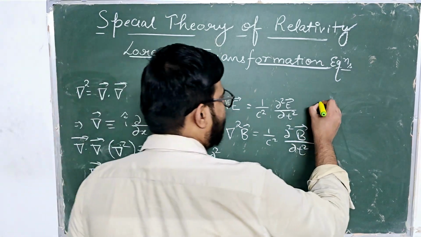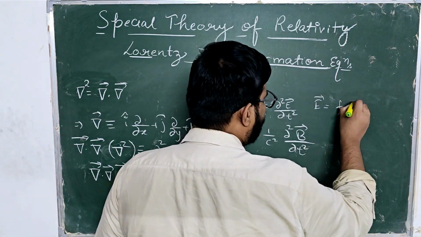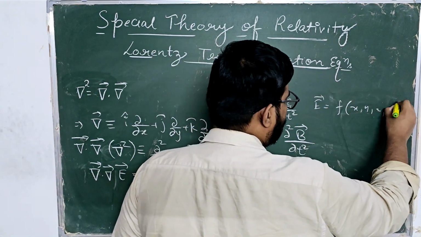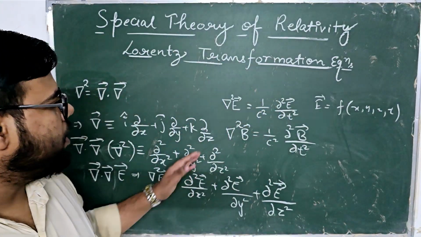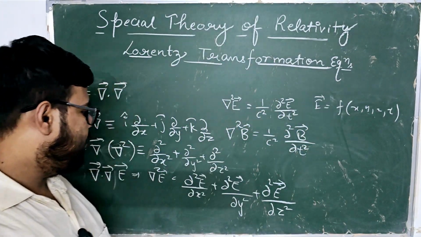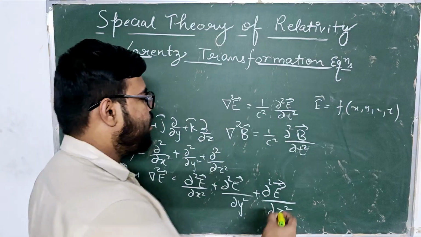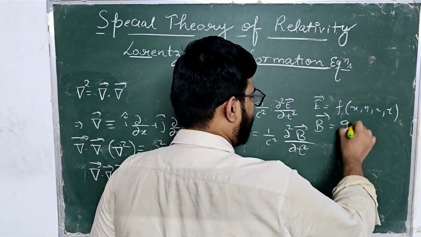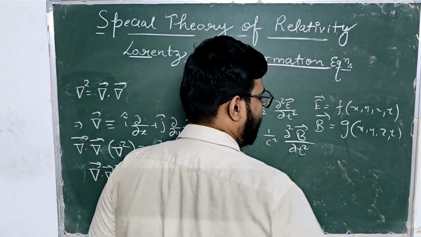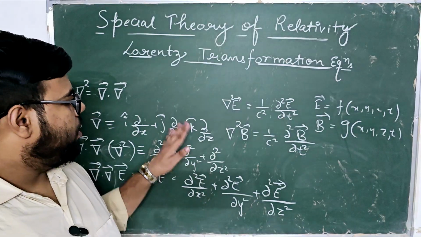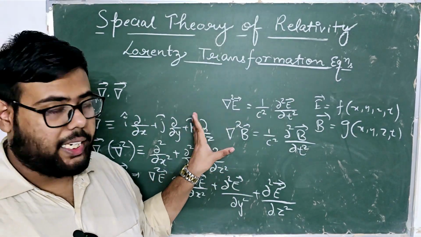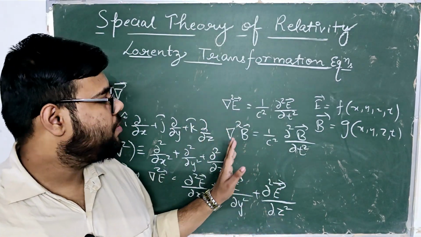Of course the E vector is a function of x, y, z and t, which is why we have partial derivatives everywhere. Same for the B vector, it is also a function of x, y, z and t. This was the small mistake which I needed to point out in this lecture.